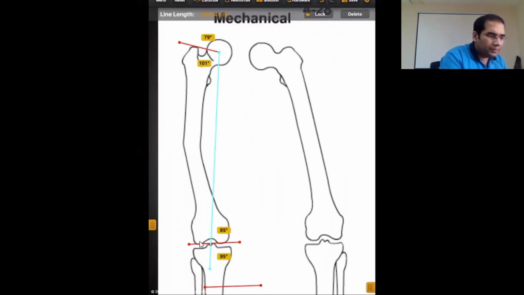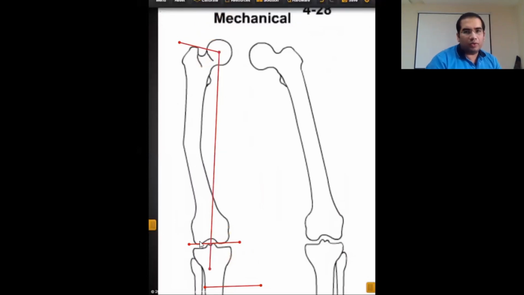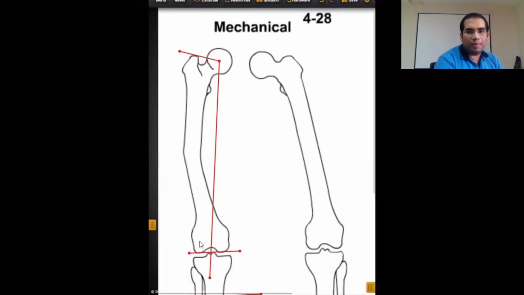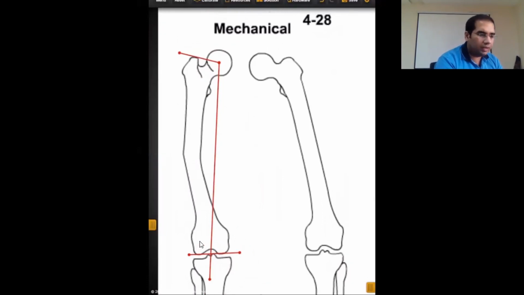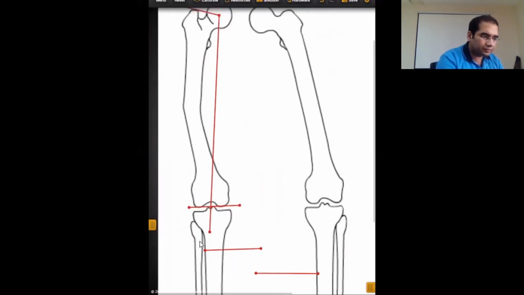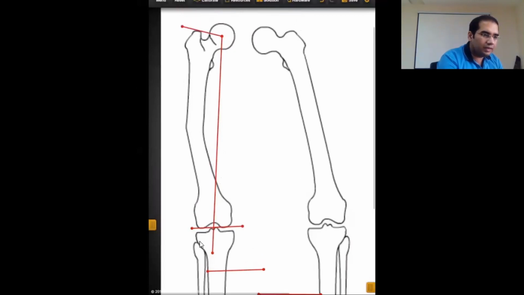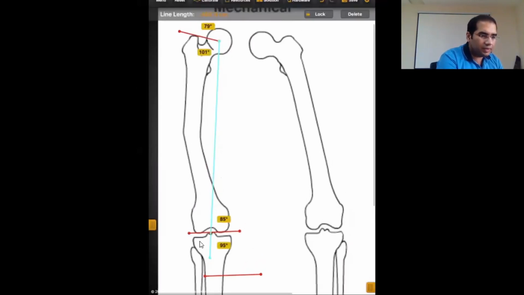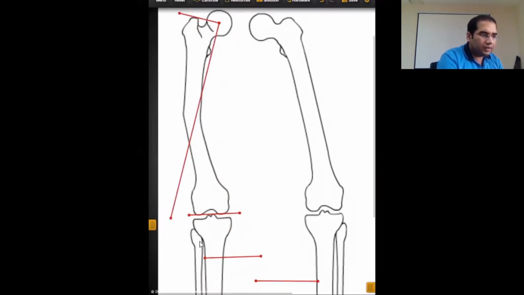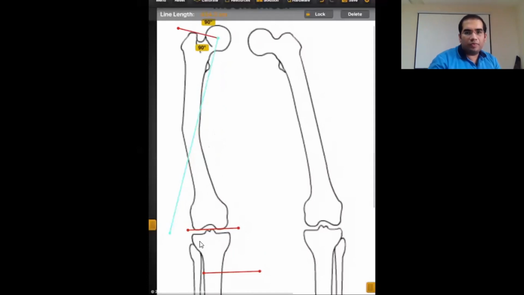Okay. So how are we going to calculate the deformity here? First, we're going to do a mechanical axis planning, and then we're going to do an anatomical axis planning. Mechanical axis planning is simply that you draw a reference line at 90 degrees. Here, we all know that the lateral proximal femoral angle is 90 degrees.